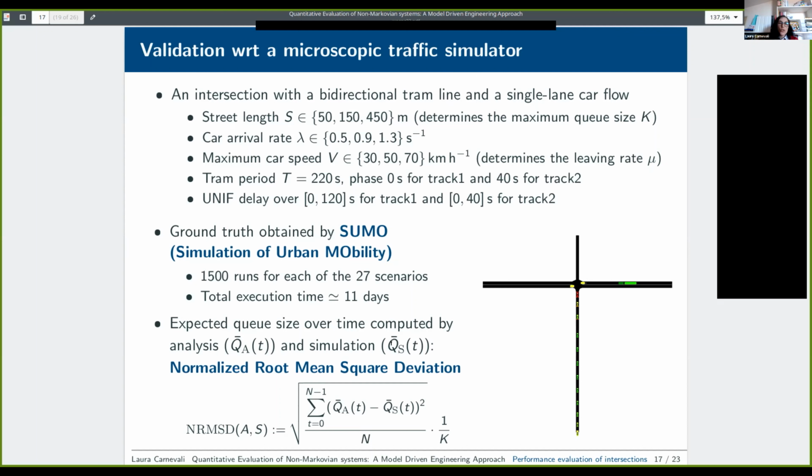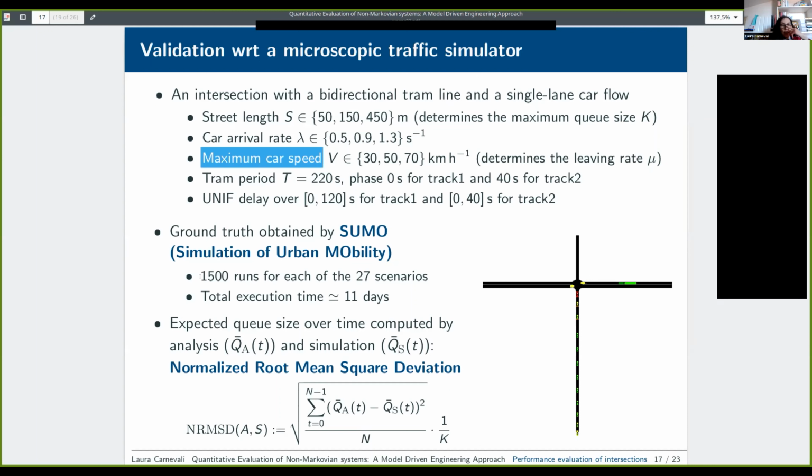In particular, we used the Simulation of Urban Mobility tool, SUMO. We consider 27 scenarios, which arise considering different values of the street length, the car arrival rate, and the maximum car speed. And we performed a large number of runs for each of these scenarios.